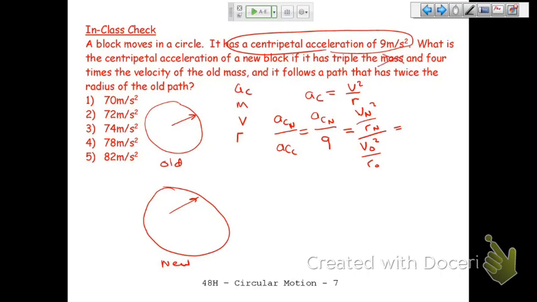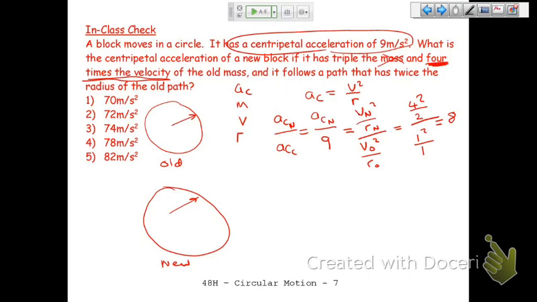Mass is not in my equation, don't care. 4 times the velocity, so let's make the new one 4 and square it. Let's make the old one 1 and square it. And then it follows the path twice the radius, so make the new radius 2 and the old radius 1. So that comes down to 4 4s are 16 over 2, which is 8.